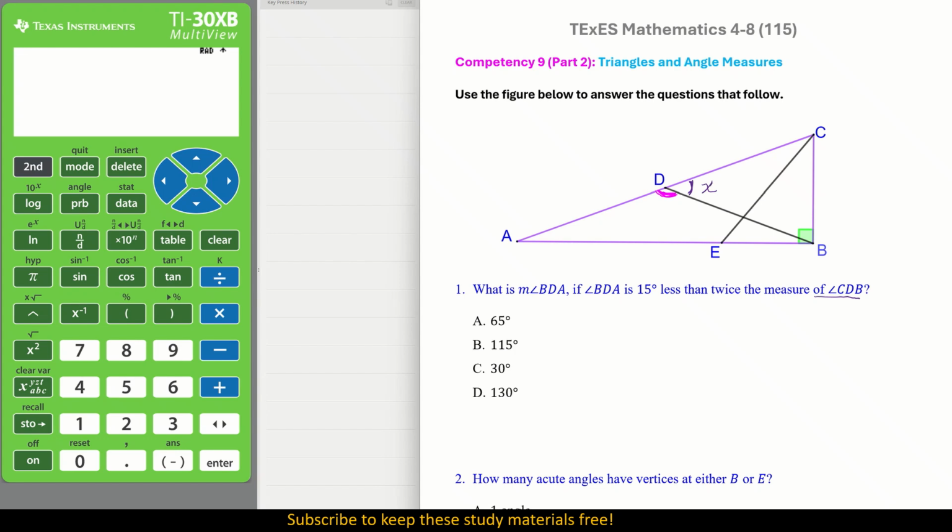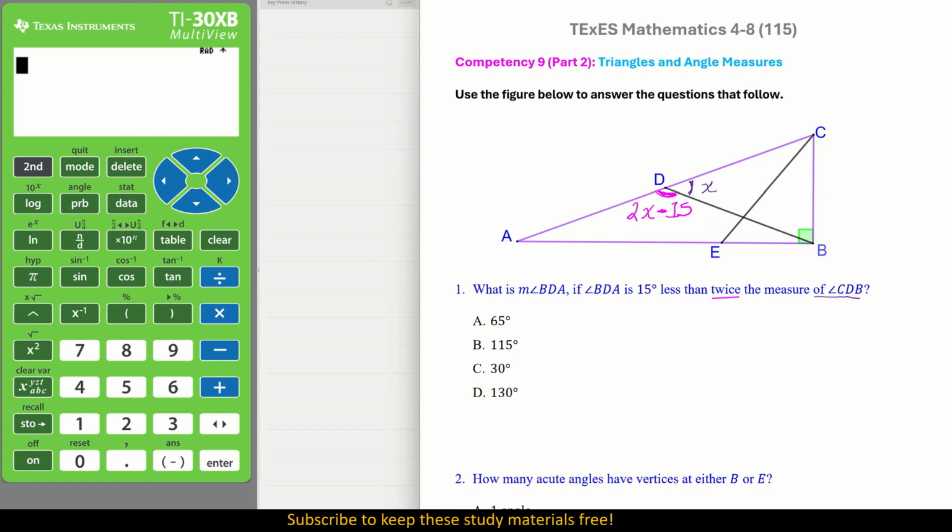Then we can write the other angle. That's twice, so 2 times x, and subtract that 15 degrees.